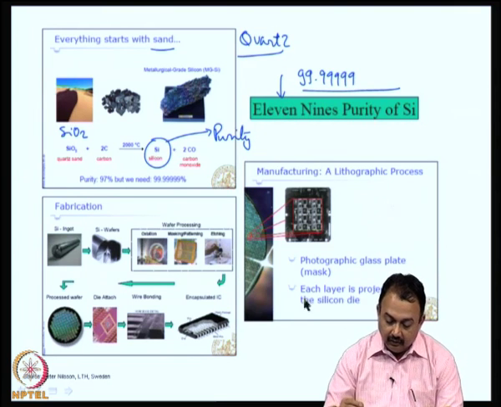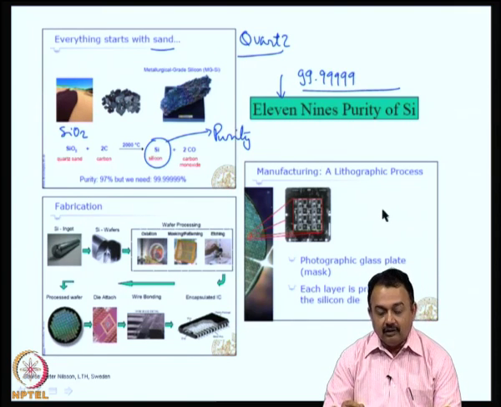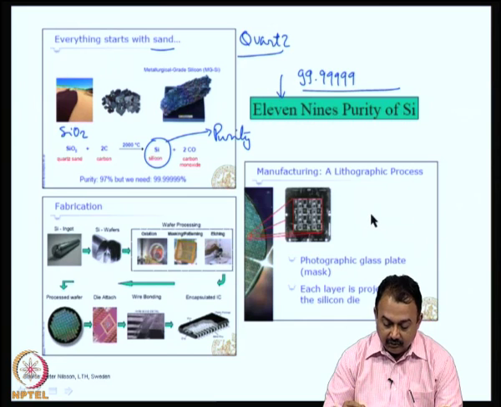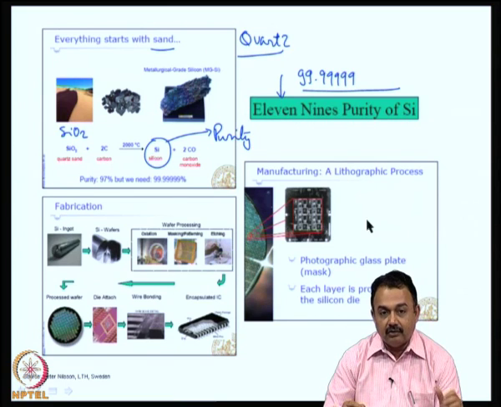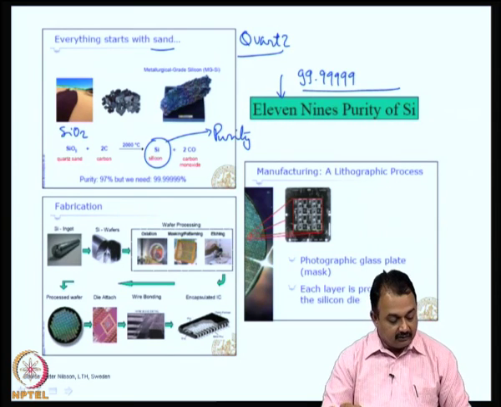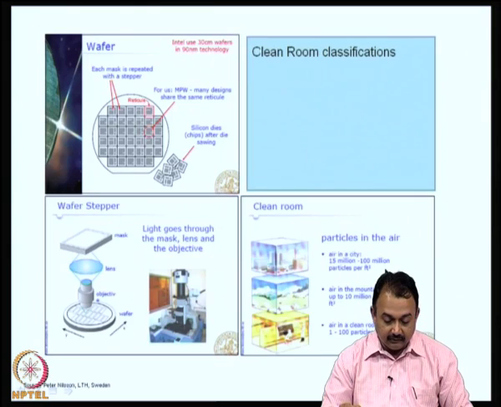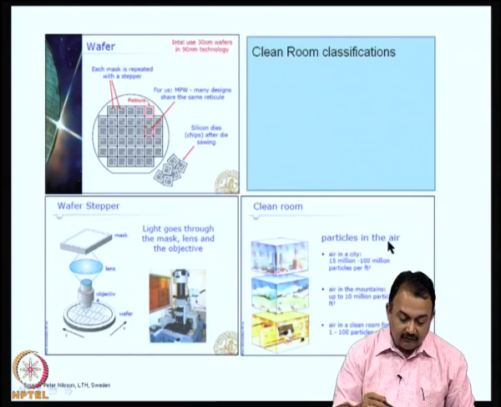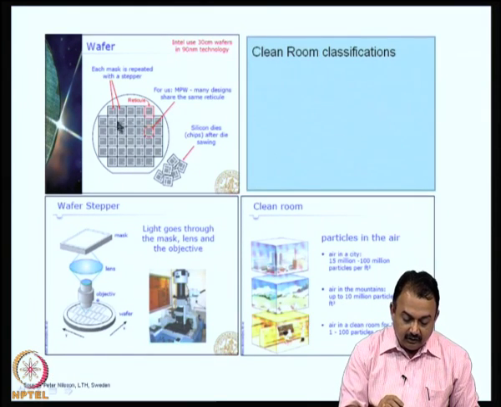So, the lithographic process to define the image again becomes very important. Each layer is projected to the silicon die from a master copy or a mask, and as I told you before, a glass plate is used as a mask for the imaging process. Now, you can see in this figure here the various cells that are defined in the wafer.